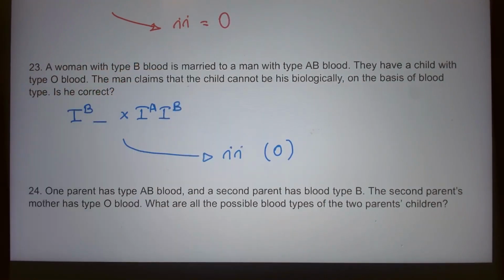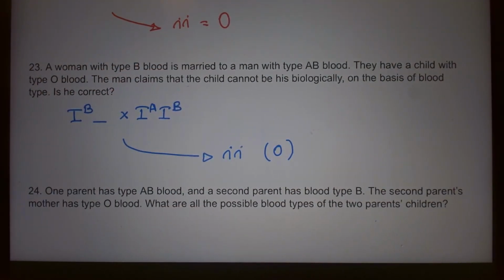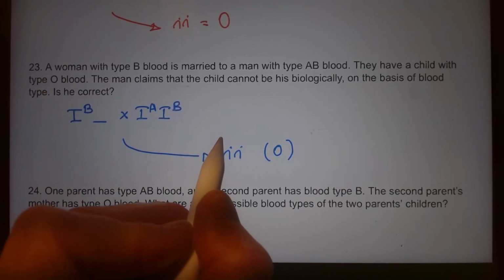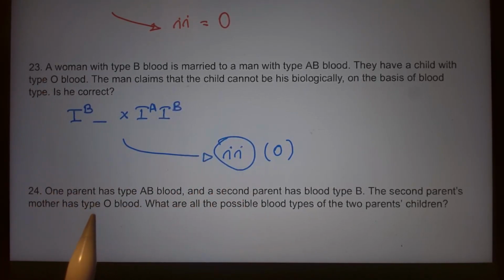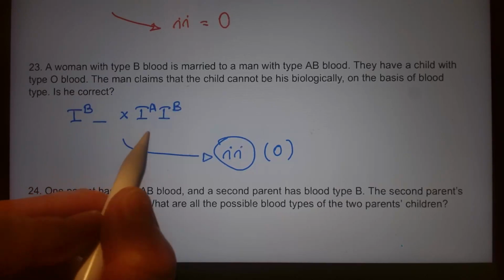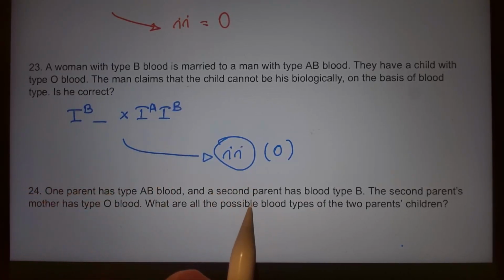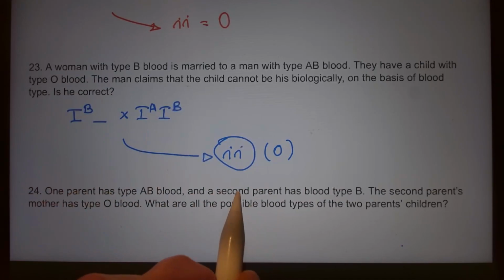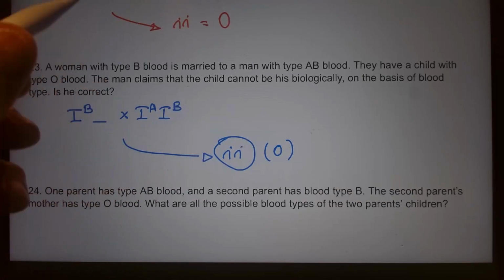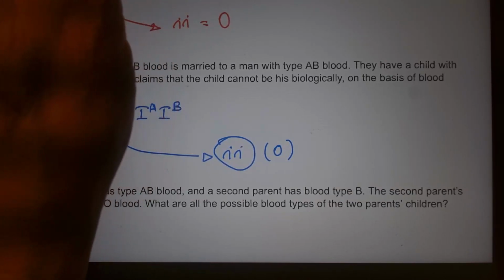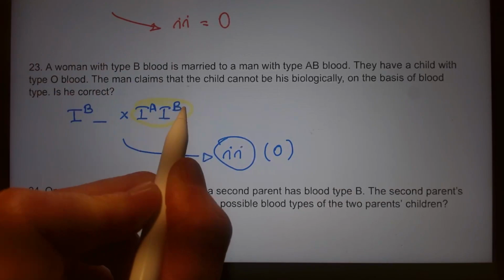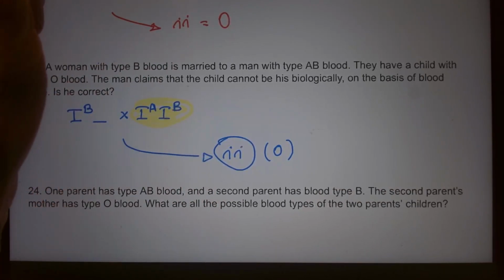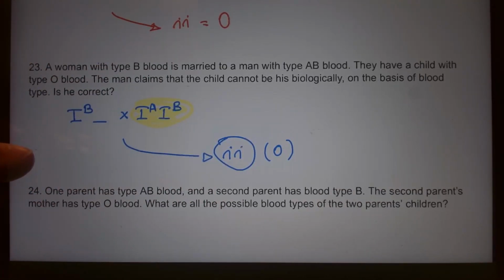The phenotype is O. The man claims the child cannot be his biologically on the basis of blood type. Is he correct? Yes, indeed, he is correct, because in order to have a homozygous recessive offspring, both of the parents have to contribute one recessive allele to the offspring. And in this case, the male organism does not have any recessive alleles for that.